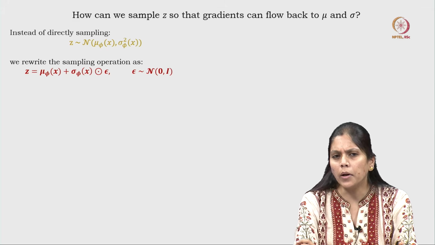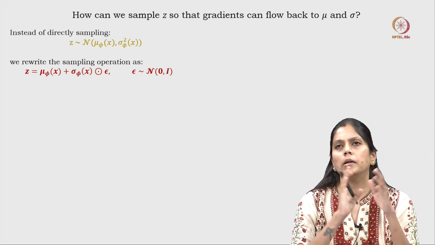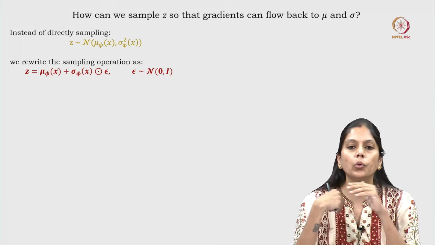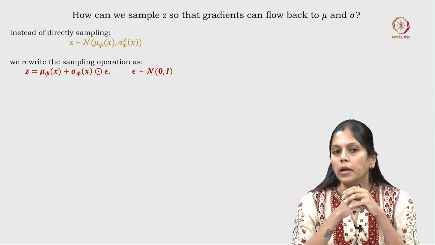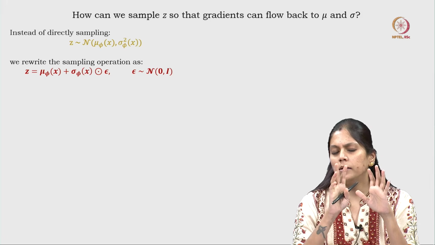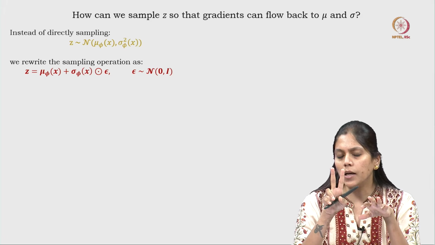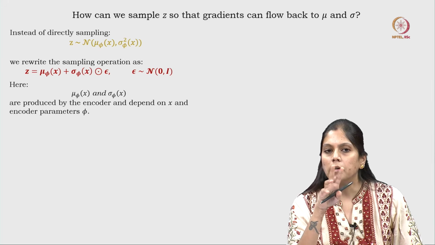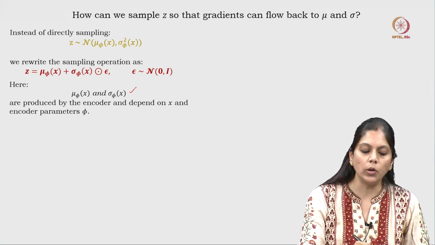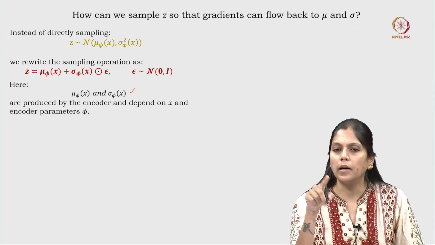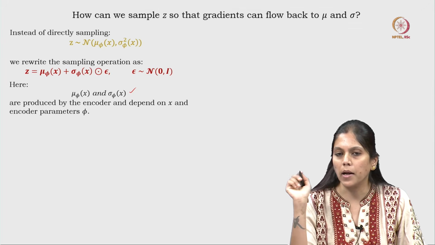Now, if you look into this from our session, the encoder is going to produce these two parameters, that is mean and then the standard deviation. Once it gives us these two, look at this, is it not that these two terms mainly depend on our input x and the encoder parameters, weights and bias?